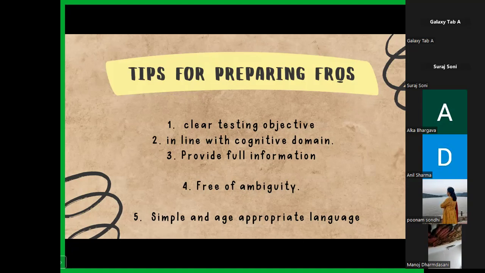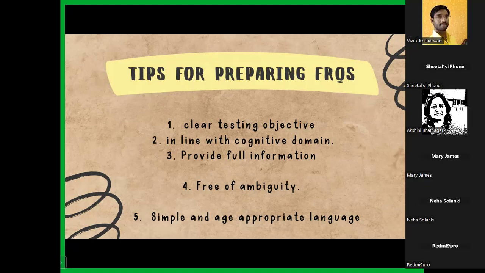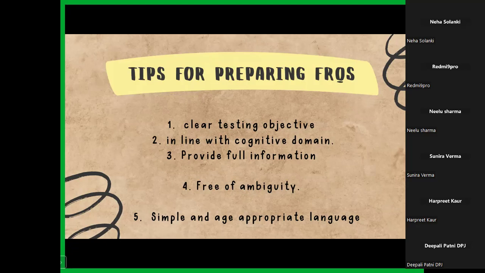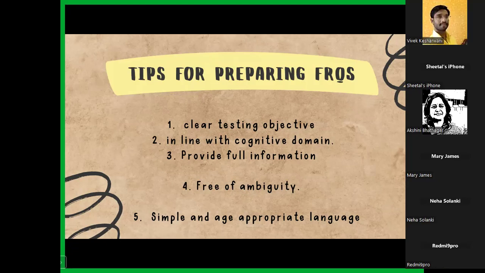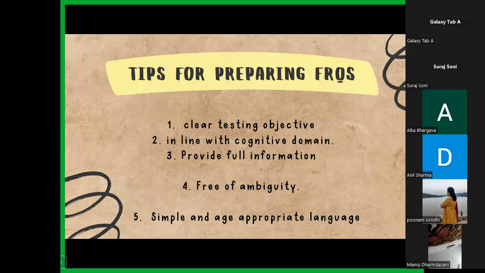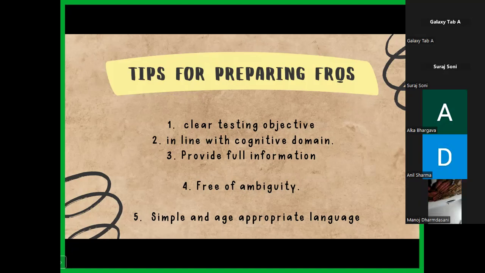Like we had one question, for example, that a group called India was formed before the Lok Sabha elections of 2024. So this group is or will be known as, and the options are alliance or coalition or majority government or whatever.